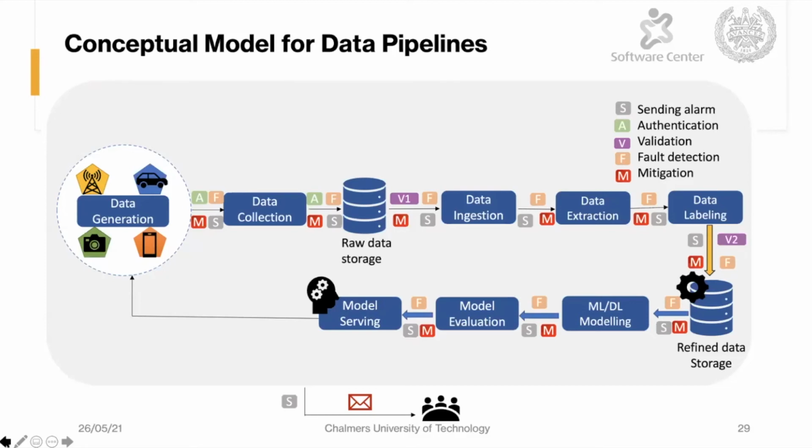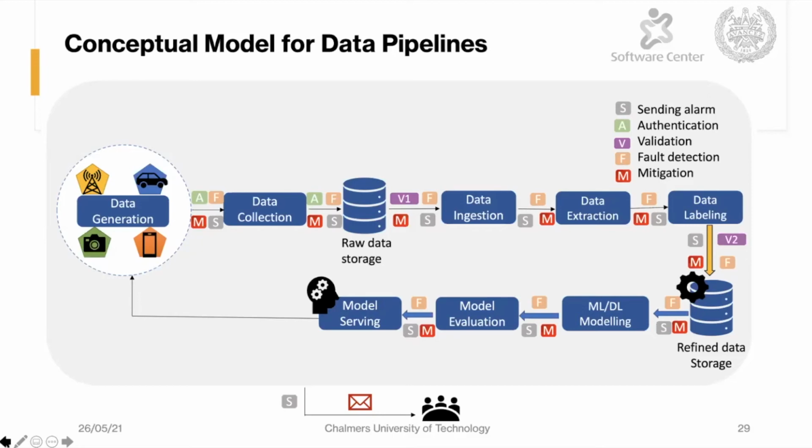So they do the data labeling, and then the labeled data is stored in a refined data storage, from where it is taken and given as input to the machine learning or deep learning models. And then a model evaluation is done, and once satisfactory performance is obtained, the model is served, and once it becomes operational, this model will again generate data, and thus it will become a data source.